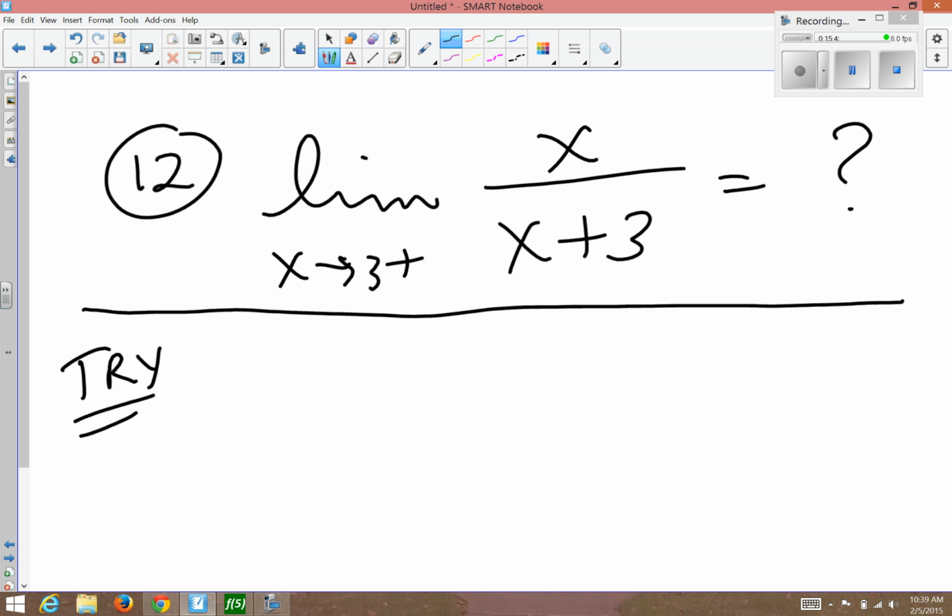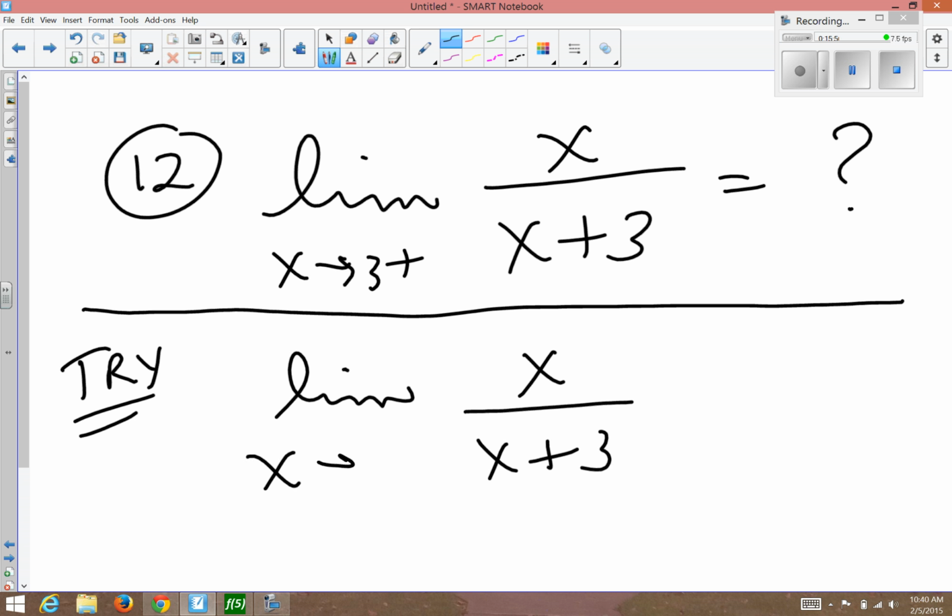This is not one of the questions in the textbook, but I'd like you to see what happens if you need the limit of x over x plus 3 as x approaches 3 from the left. So try these by plugging numbers into your calculator, and then in class I'll ask you what answers you got.